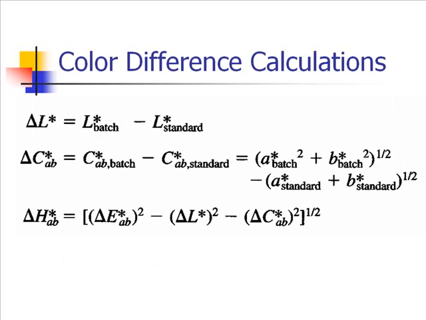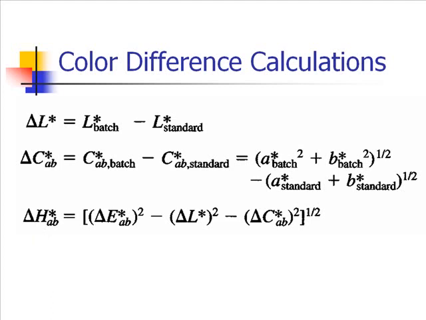And then the hue, you can't really calculate directly, so what you have to do is take the total difference between all the different axes, which is delta E, subtract out the lightness difference, and subtract out the chroma difference, and whatever's left over is the hue difference. These delta numbers are the ones that are important. This triangle means delta or difference. It might be a small d or a capital D. All those mean difference.